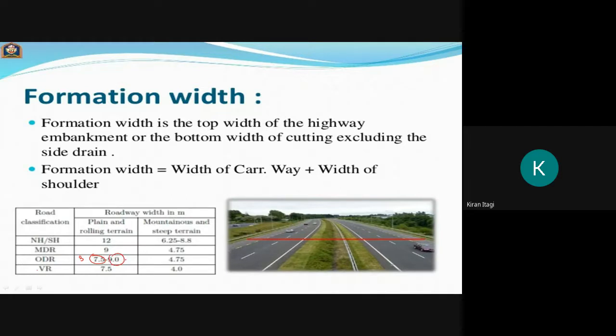This 9 meter is for two lane or double lane roads. Remember this. And obviously in mountains and steep terrains the width will be lower, because the availability of path for the vehicle will be less as compared to plain and rolling terrain.